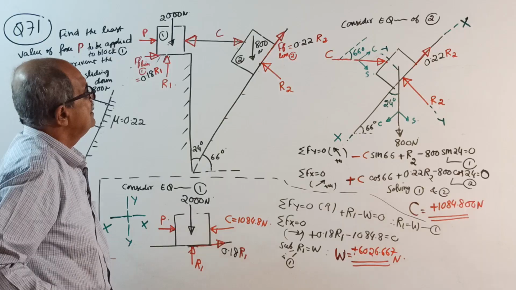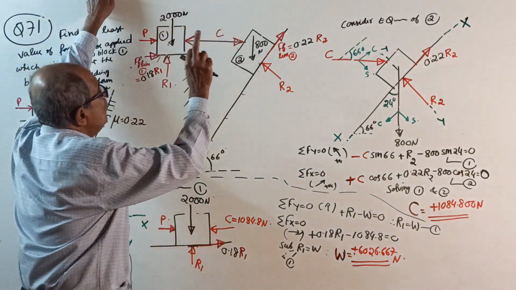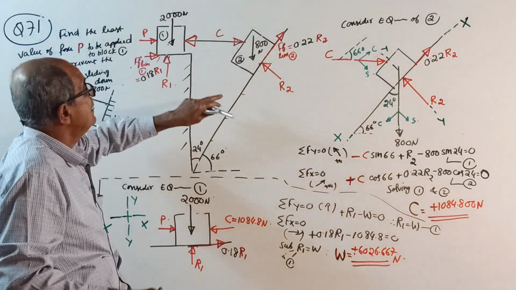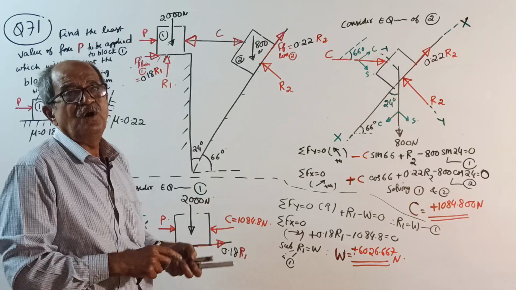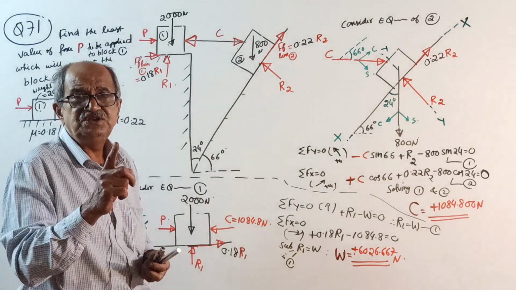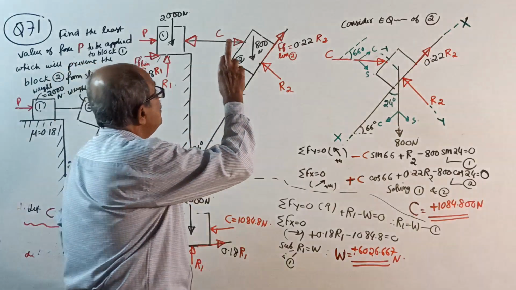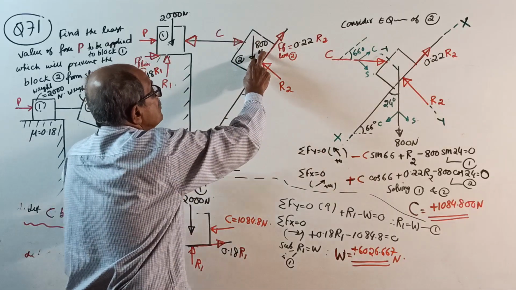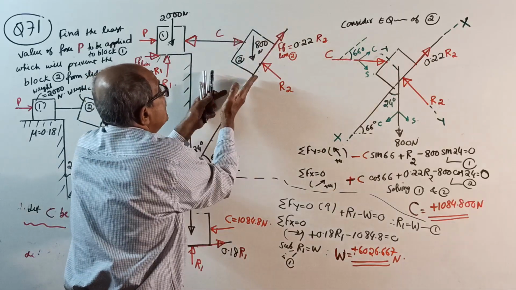Okay, first. See, now we want to prevent block 2 from sliding down. Means you should write that block 2 is, because you want the least value of P, on the verge of sliding down. When block 2 is on the verge of sliding down, friction is this way.